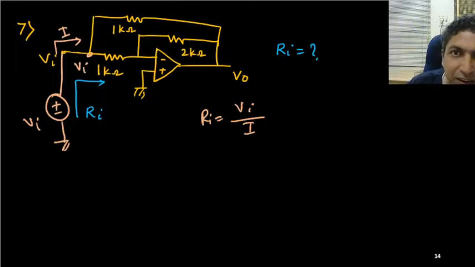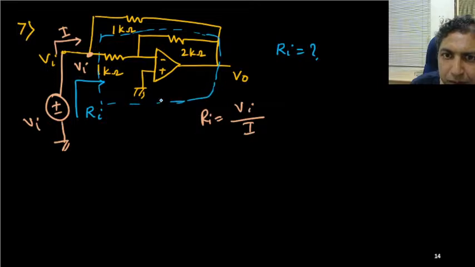If I consider this network, it is simply one inverting type amplifier. So V0 will be related to Vi. Whatever resistance is there does not matter. V0 will depend on this circuit only. So what is V0? Easily you can find out.